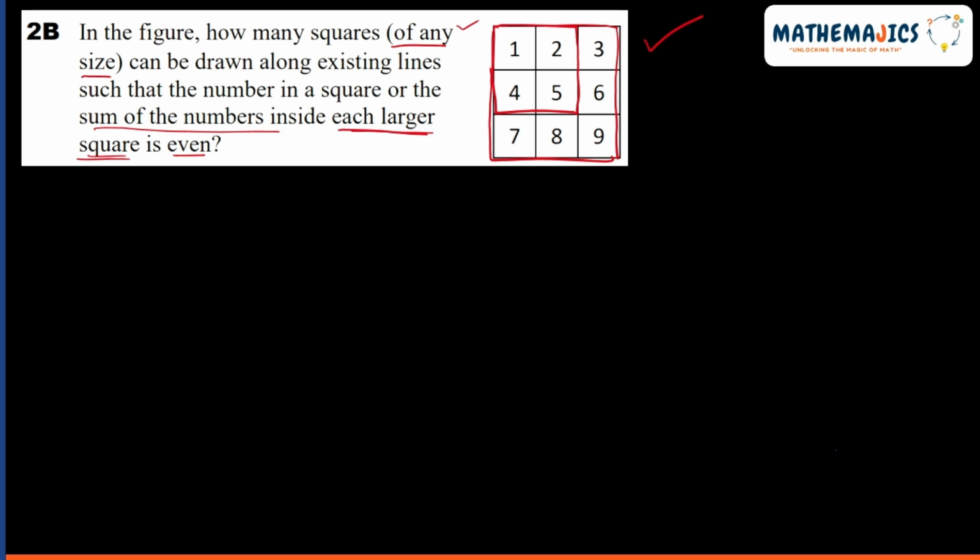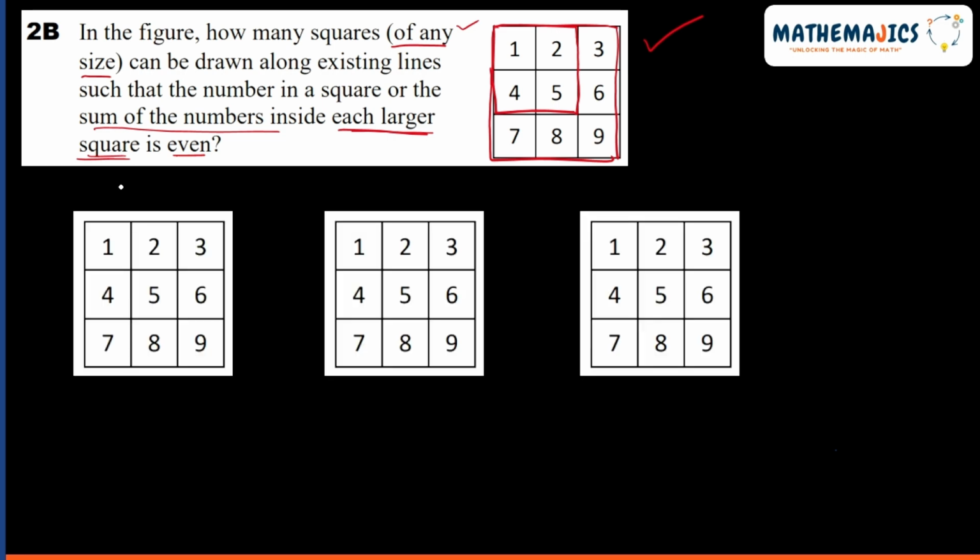So let's start with 1 by 1 squares. Okay. 1 by 1 square means the smallest squares. Let's see what the 1 by 1 squares are. These small squares are 1 by 1 squares. So how many of these small squares are even, as asked in the question?